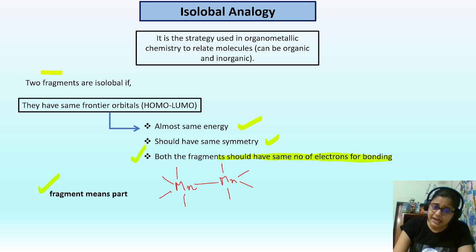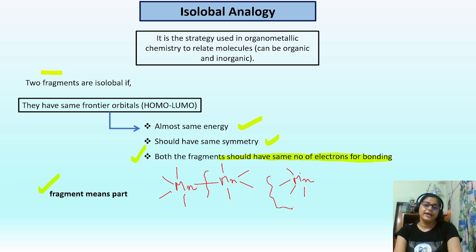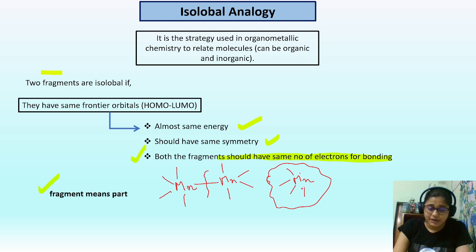Simply, I can see that metal bonds are present. If we break here, Mn 1, 2, 3, 4, this can be one fragment. So if we calculate the electrons for bonding for this, we can have the idea of how it is related to the other molecule.